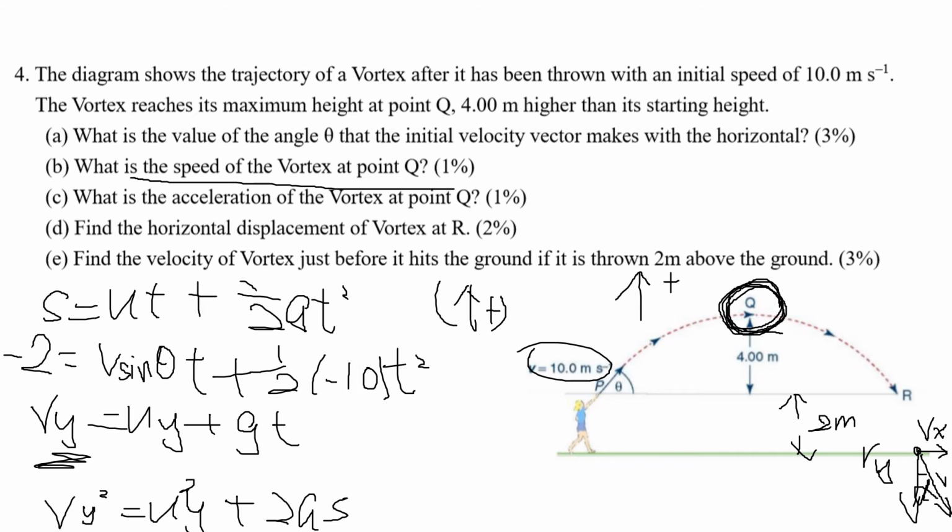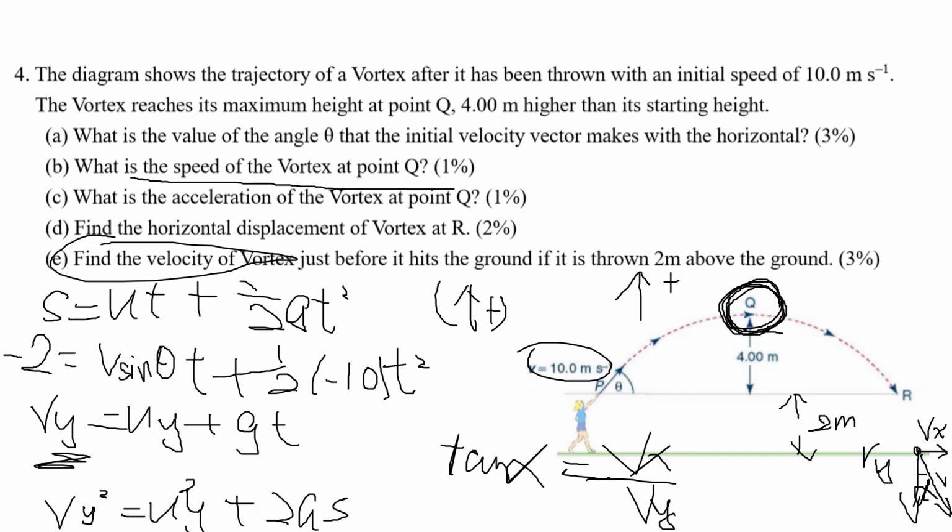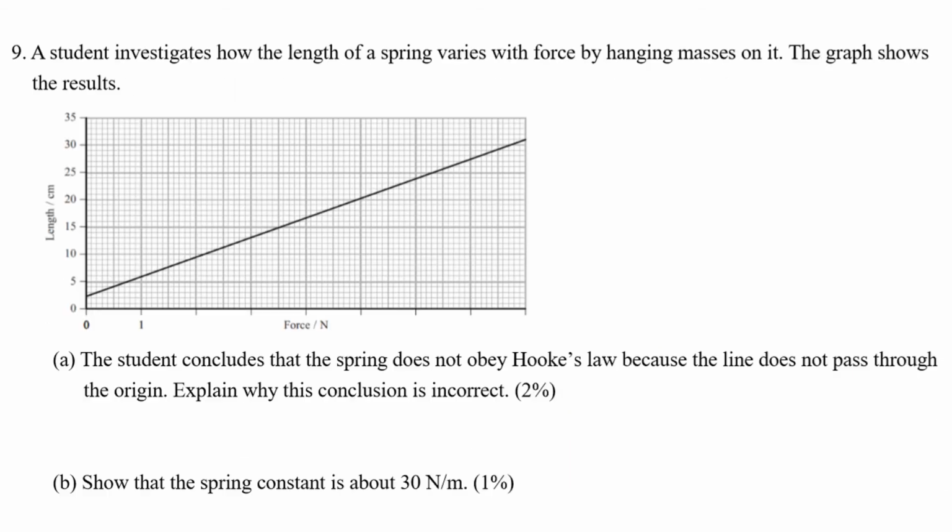For example, if I assume this angle to be alpha, then tangent alpha equals Vx over Vy. You are asked to find the velocity, and velocity is a vector, so you need to give the direction and the value as well. I think you can solve these questions on your own.